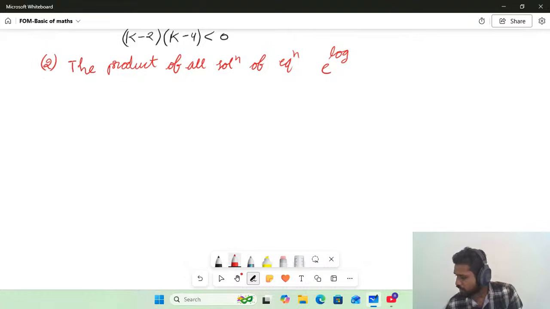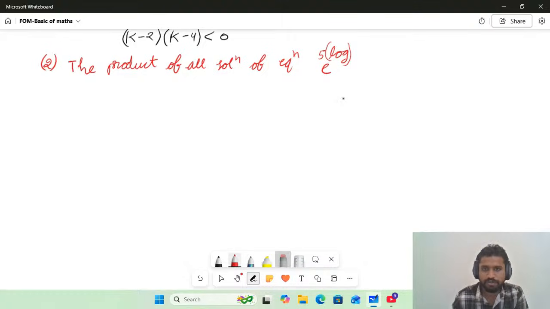E power 5 times log x square plus 3 e power 5 times 1 minute. I'll write one more time this equation. So it was very much lagging here. Please don't mind, it is lagging. Yes, okay.